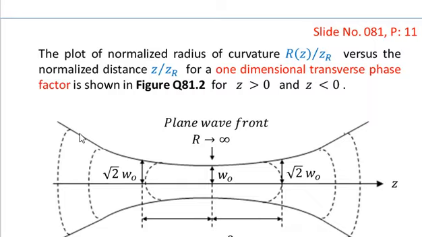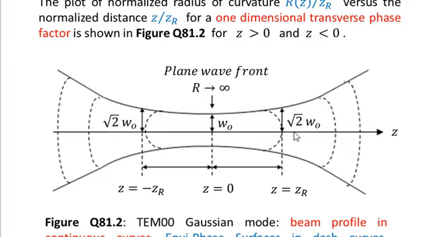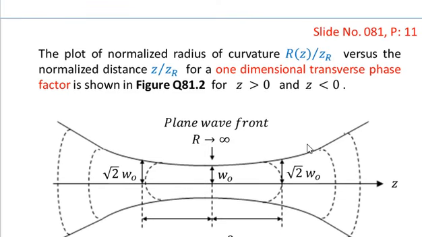And you see that plotting that will give you the dotted curve, which is the curvature of the spherical waves. So these dotted lines actually denote the radius of curvature of the beam, and they are the plot of R of Z divided by ZR versus Z over ZR.